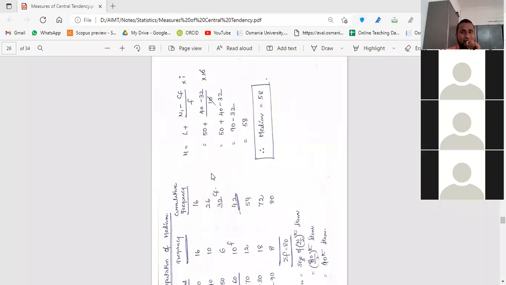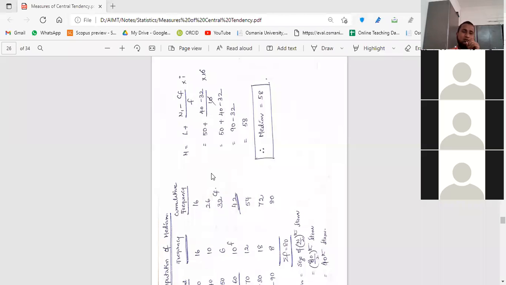But the difference is you must understand how you are interpreting the things. Your interpretation matters. A 10th class student cannot tell what is N by 2, what is CF. He won't describe it elaborately, but you are supposed to. He cannot define what is median, why it is cutting the series into equal parts, what is the relevance.